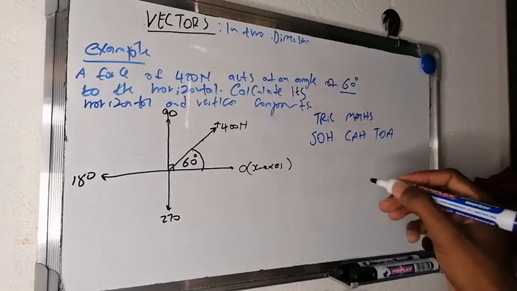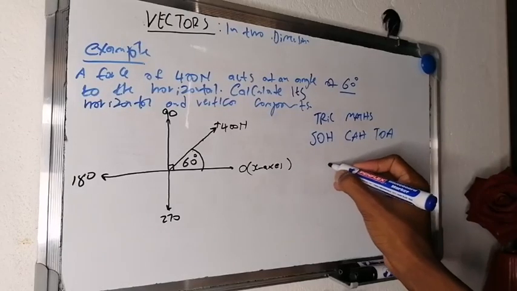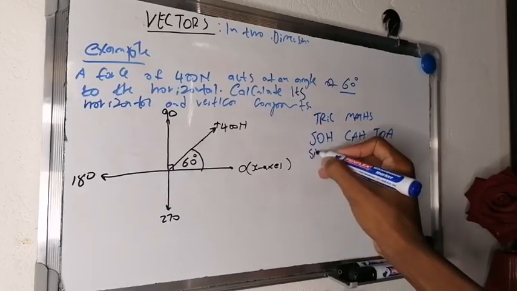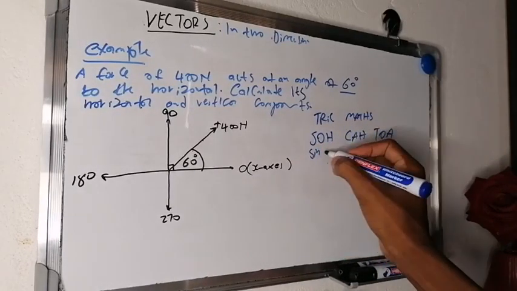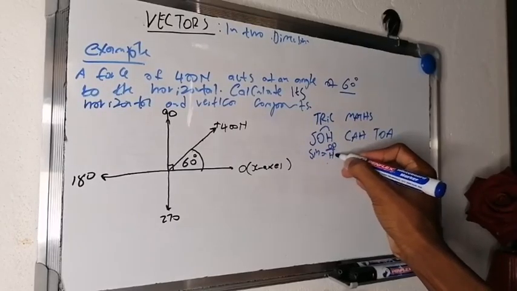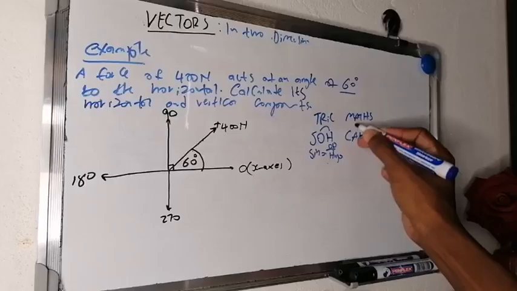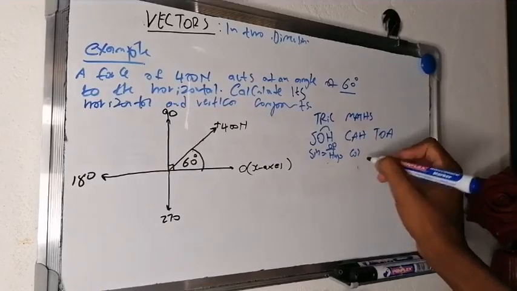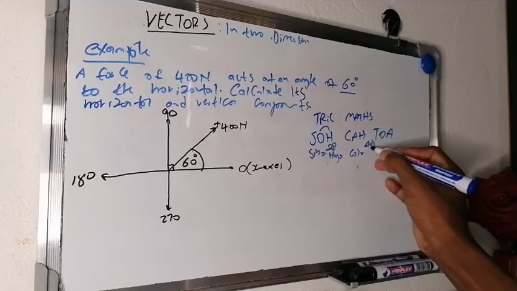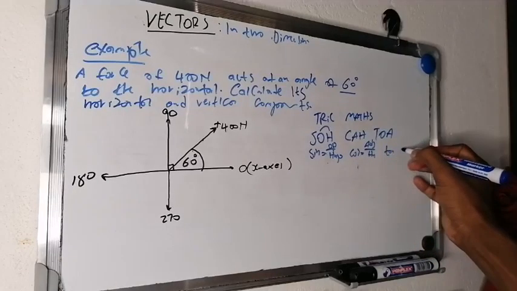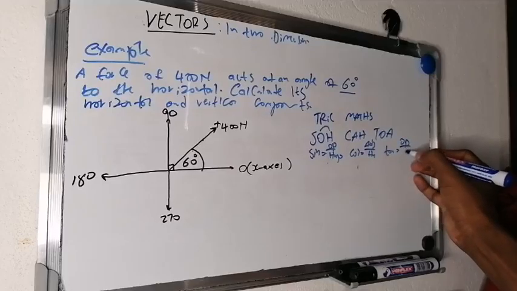S is for sine, meaning opposite over hypotenuse. C is for cos, which is adjacent over hypotenuse. T is for tan, meaning opposite over adjacent.